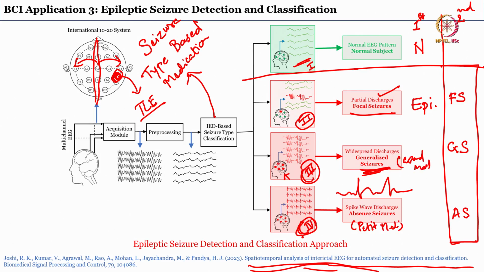You can check in the literature what names they are using, that is a separate thing. But the thing is, the spike wave discharge is only observed in this case, which is a known characteristic for absence seizure.